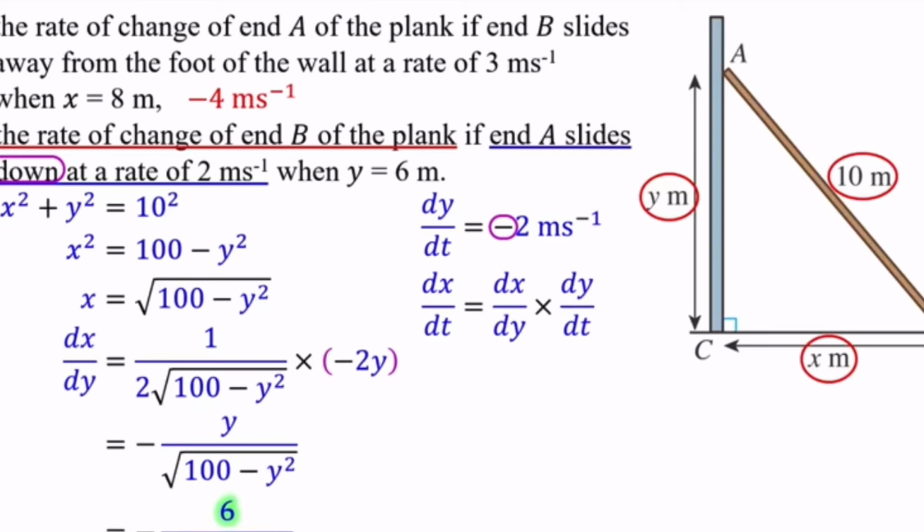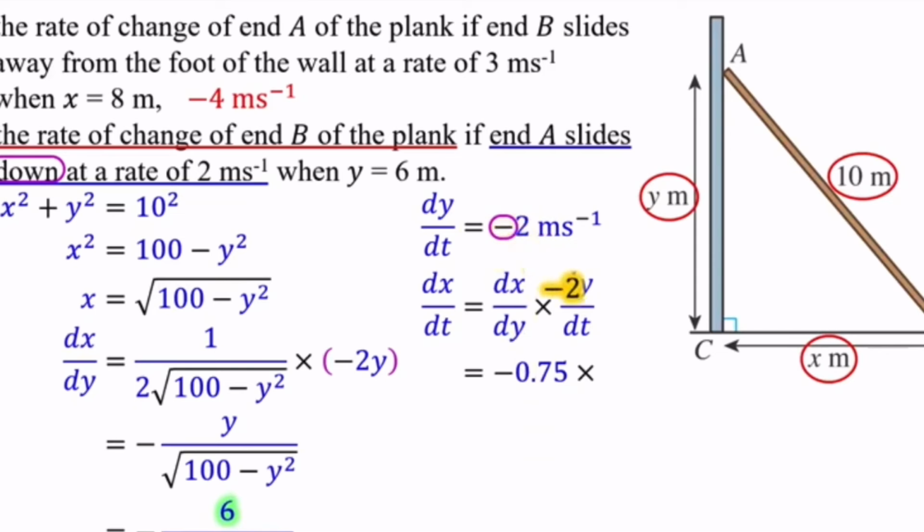Then we will use dx/dy and also dy/dt. We take the value of dx/dy from the differentiation just now, which is negative 0.75, and we multiply by dy/dt, which is negative 2. So the answer is positive 1.5.